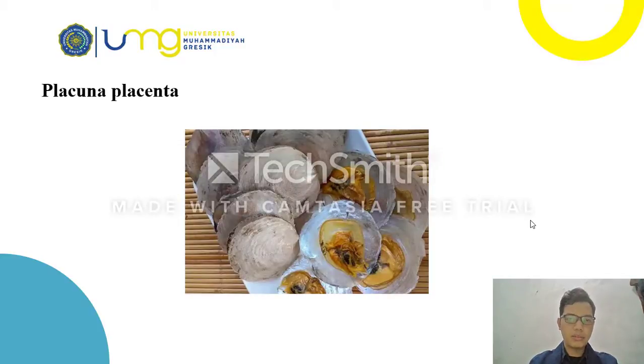And next we enter the Placuna placenta. The scallop shell, or Placuna placenta, also known as the window pane oyster, is included in the Mollusca phylum, Pelecypoda class, and Placunidae family.